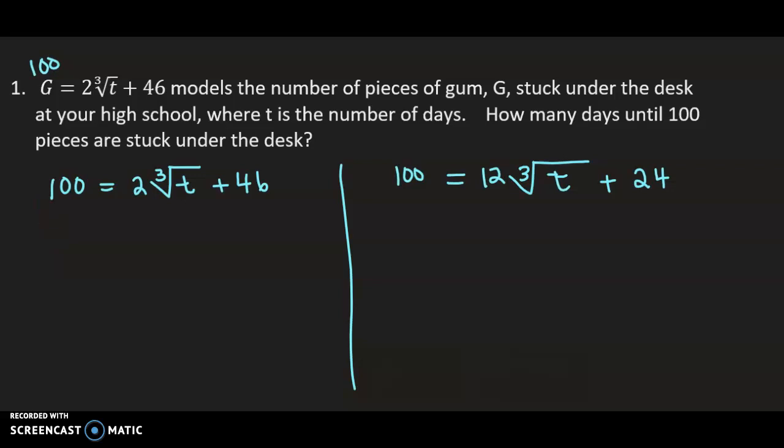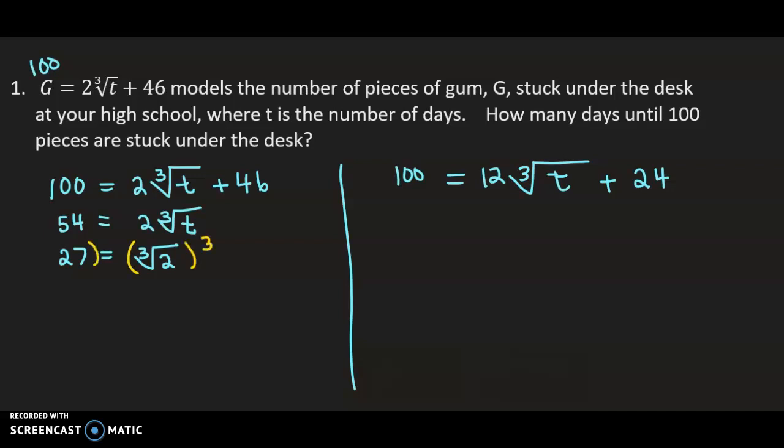Okay. So you subtract 46, that's 54, equals 2 times the cube root of t. Divide both sides by 2, that's 27 equals the cube root of t. And so now we just have to undo the cube root by cubing it.